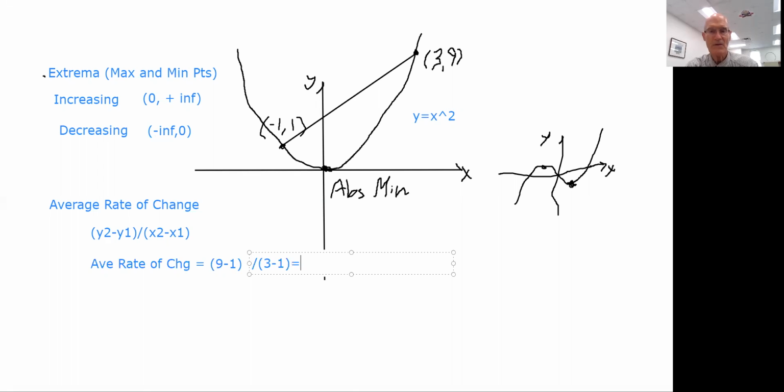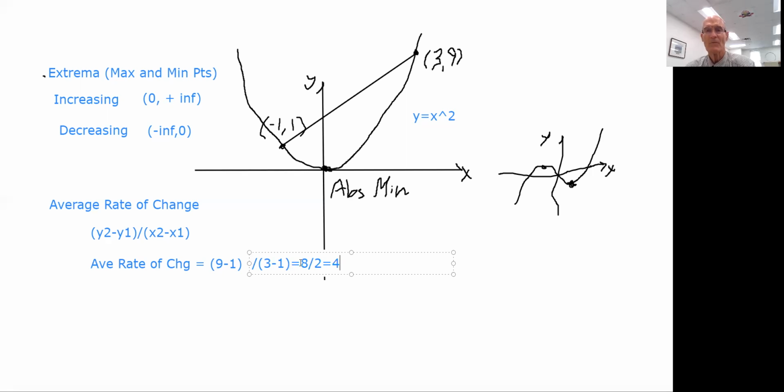So we get an answer of 8/2, which is 4. So the average rate of change between when x is -1 and x is 3 is 4.